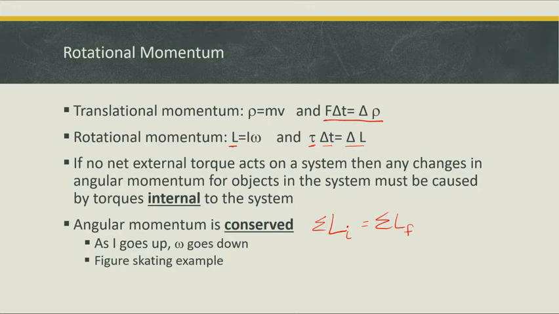So if we look at this in terms of I omega, a figure skater in this situation is going to be decreasing their I when they bring their arms in. As I goes down, your omega goes up. So your angular velocity increases.